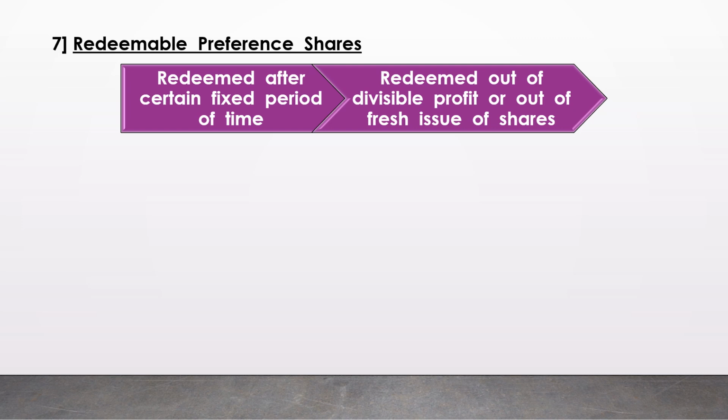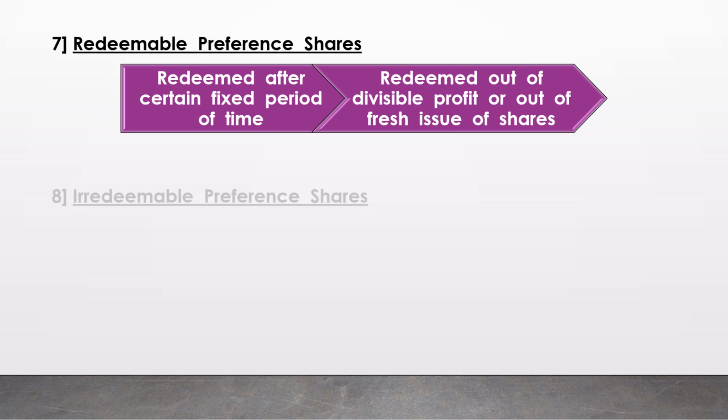Usually, the amount is returned or redeemed out of the divisible profit if it is available in excess, or the company goes for a fresh issue of shares, collects the amount and thereby pays the amount back to the preference shareholders.